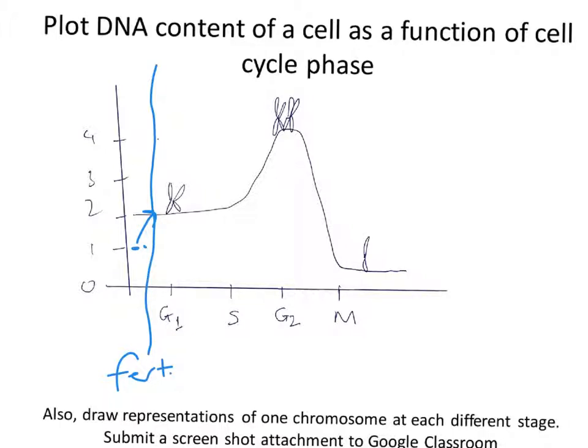Does that make sense? You start with two haploid cells. They each have one copy of every chromosome. Start G1 with two copies of every chromosome. So we hit synthesis phase. We go up from two copies at G1 to, after synthesis, temporarily tetraploid. We've got 4 copies of every chromosome.